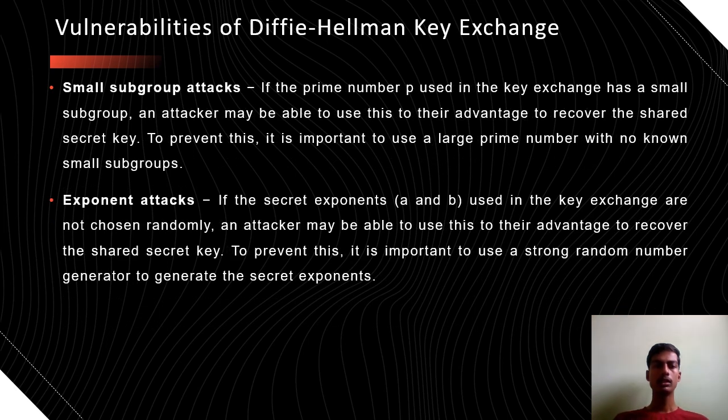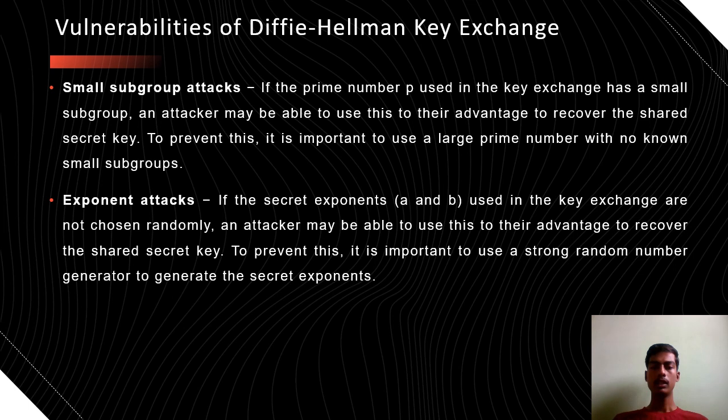The next disadvantage is small subgroup attacks. If the prime number P used in the key exchange has a small subgroup, an attacker may be able to use this to recover the shared secret key. To prevent this, it is important to use a large prime number with no known small subgroups. The next disadvantage is exponent attacks.